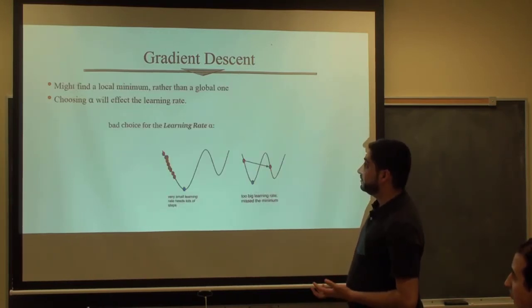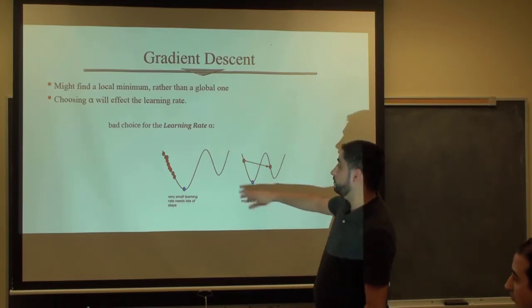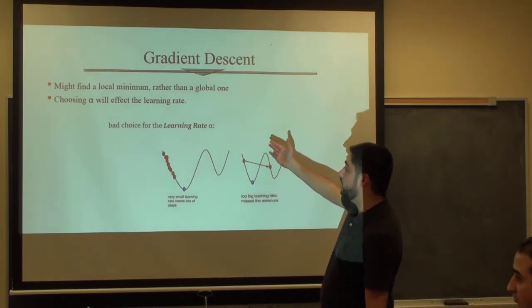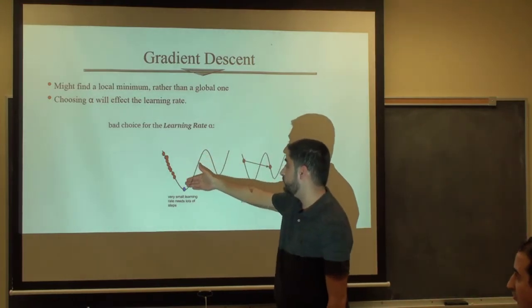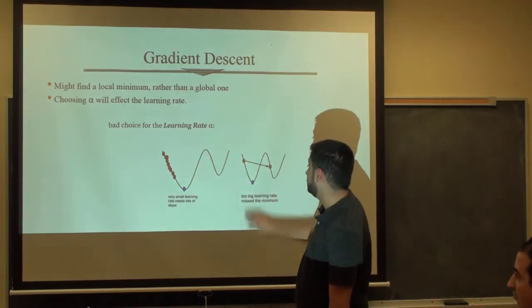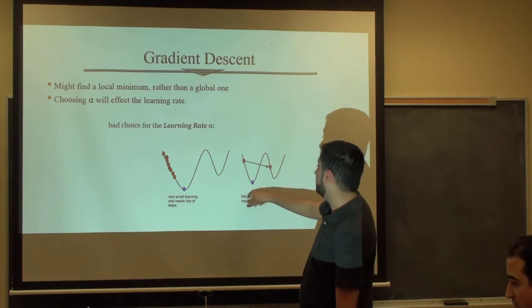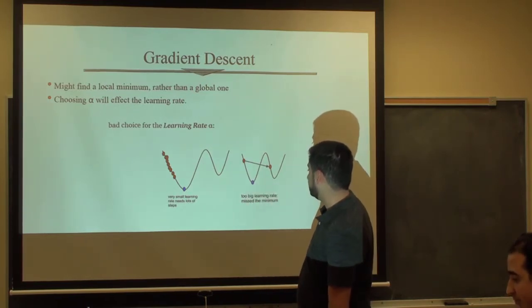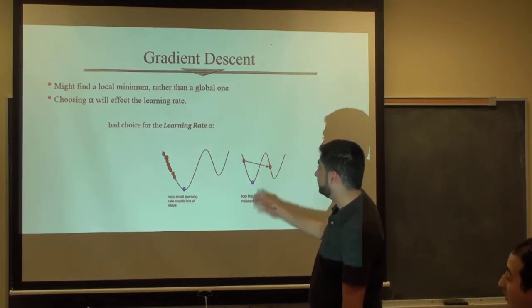Then some disadvantages: it might get stuck in a local minimum, or if you choose a different step size, if it's too small, it will take too long to reach the minimum, and if it's too big, it may miss the global minimum.